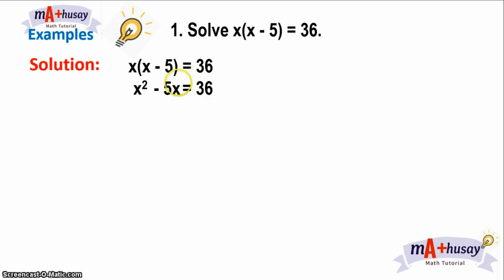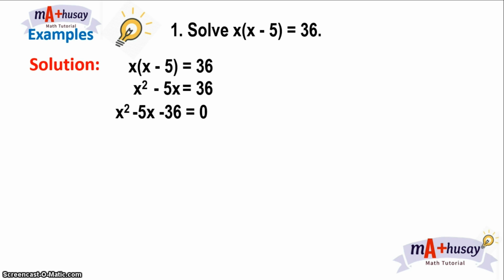Again, this is still not in standard form. So we need to add both sides of the equation by negative 36. So we will have 0 on the right side of the equation. So we have x squared minus 5x minus 36 equals 0.